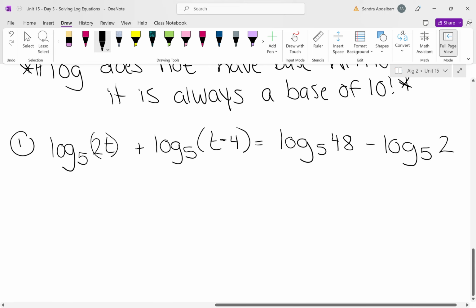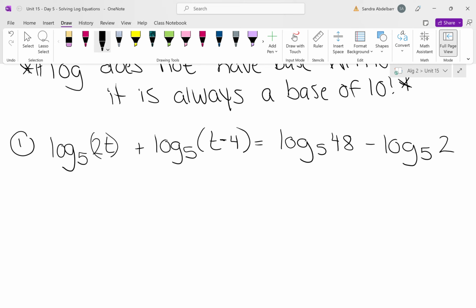What I want to do is solve for the variable, solve for t. So I want to make it log base equals log base. I want to condense the left side into one log and the right side into one log.